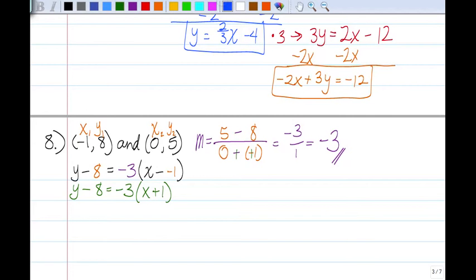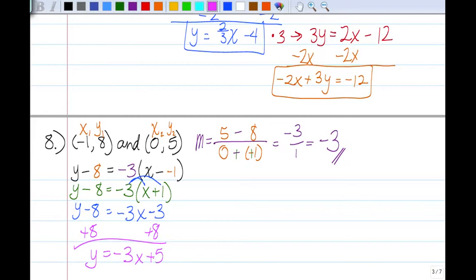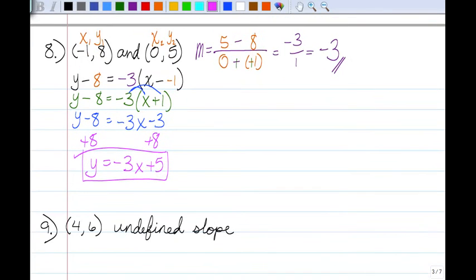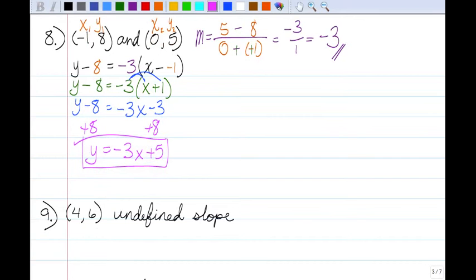Then I'm going to distribute the -3. So I'm going to have y minus 8 equals -3x minus 3. Then I'm just going to add 8 to both sides. So that gives me y equals -3x plus 5. And if necessary you can put it in the other form, but I don't feel like doing that anymore, so hopefully you get the idea.